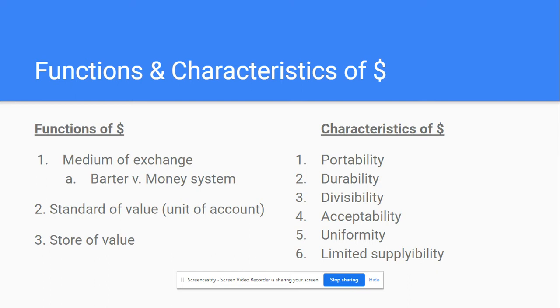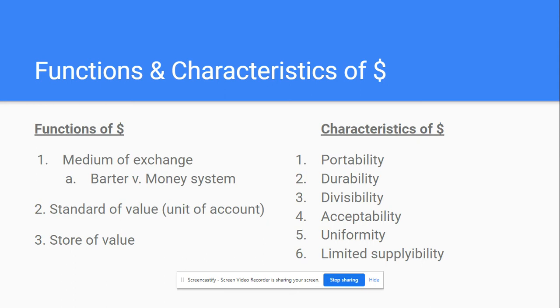So for example, in ancient times, if I wanted to trade certain animal pelts for gold or salt, I would have to bring in all of those pelts or all of the salt and use that to trade. Today, you could just take money out of your pocket and pay for a good or service.